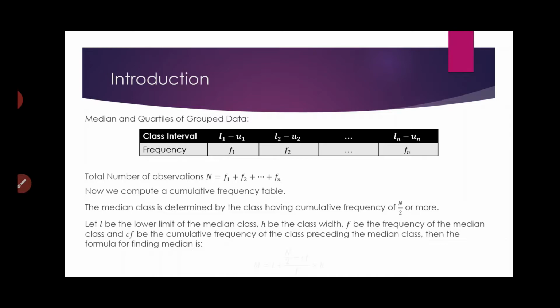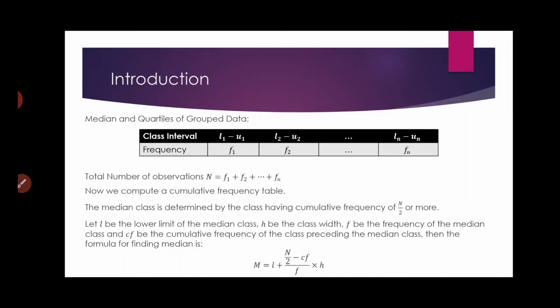Once we have identified all these values, the median is given by this formula, which you have already done previously, I believe: L plus n by 2 minus Cf by f into h. So this is your median.